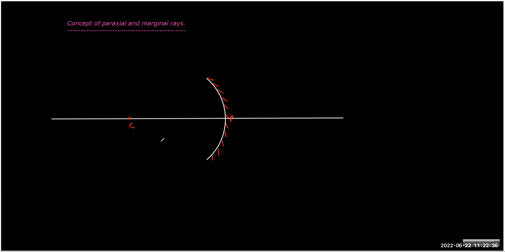Okay. So for example, we always think of light as a beam, not as an individual ray itself. If a beam of light is coming like this, a beam of light will have how many rays? Infinite rays.